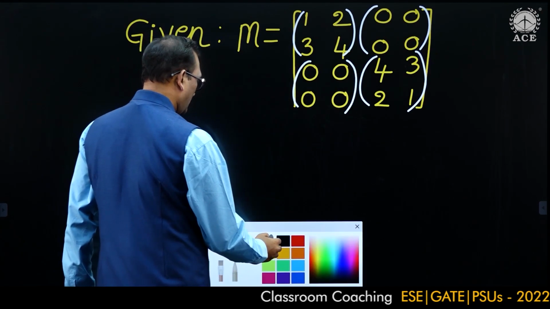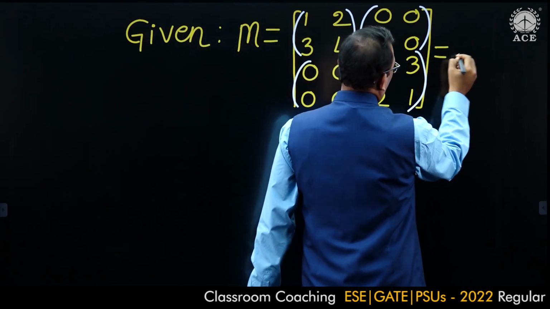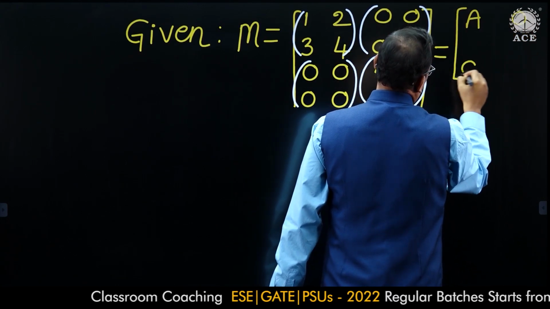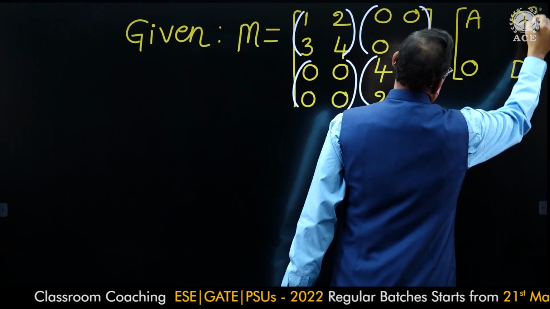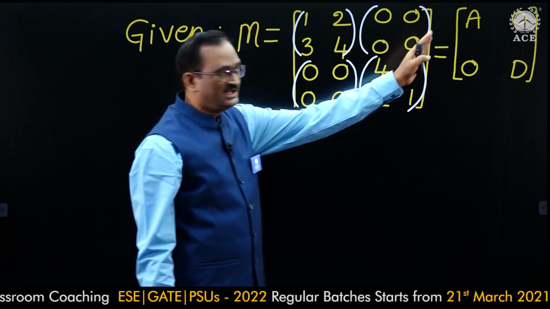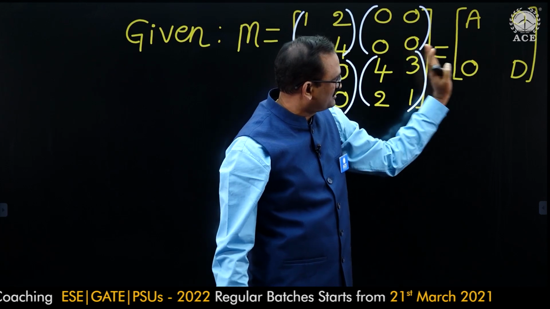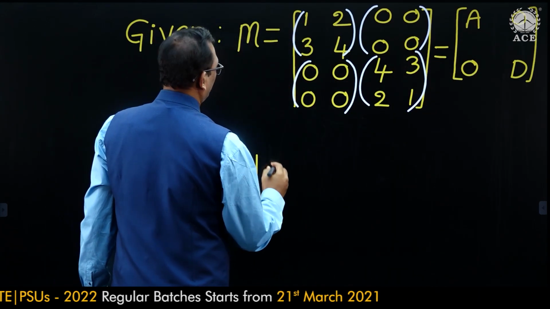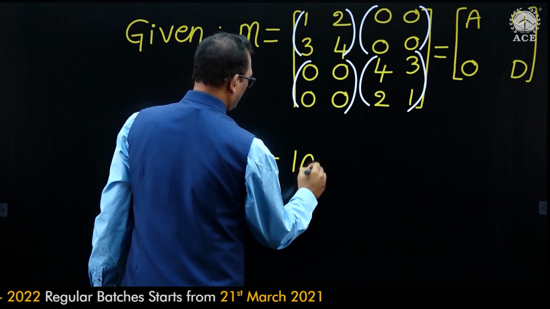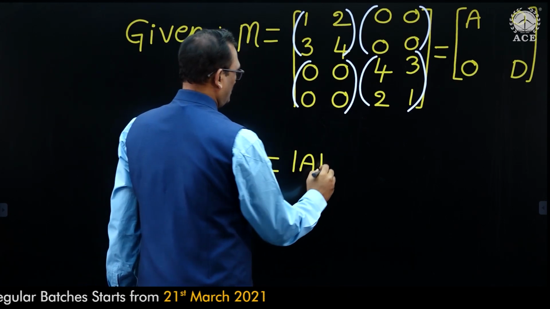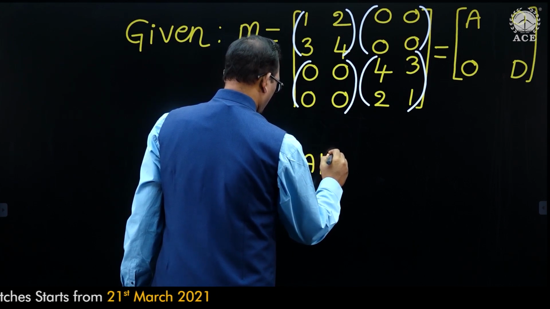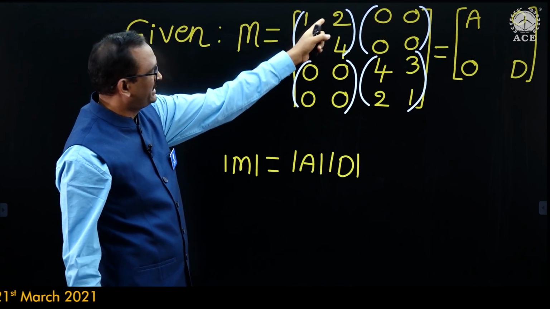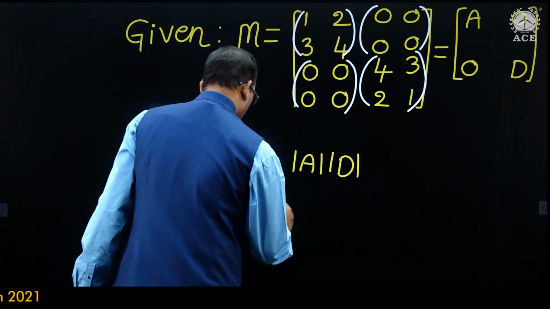So this can be written in the form of A 0 0 D. Here B and C matrices are 0 matrices, then M is equal to A into D. That A means 4 minus 6, that is minus 2.